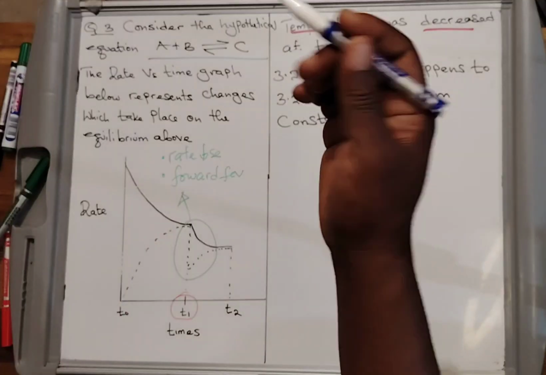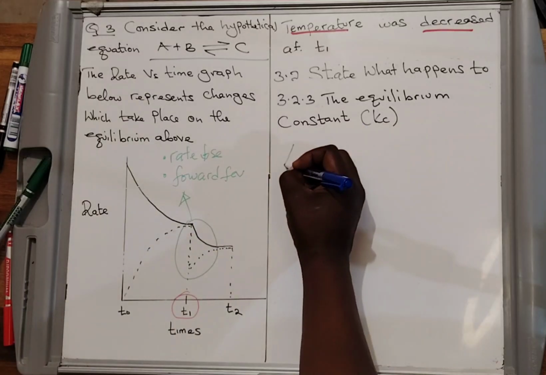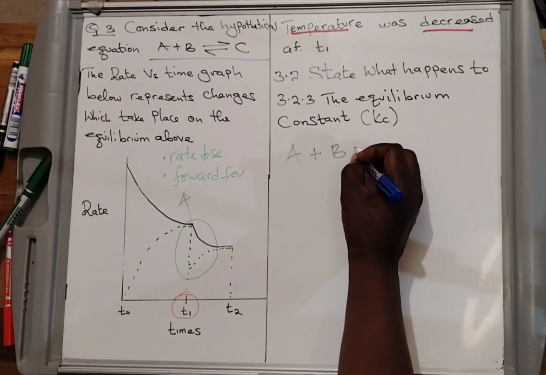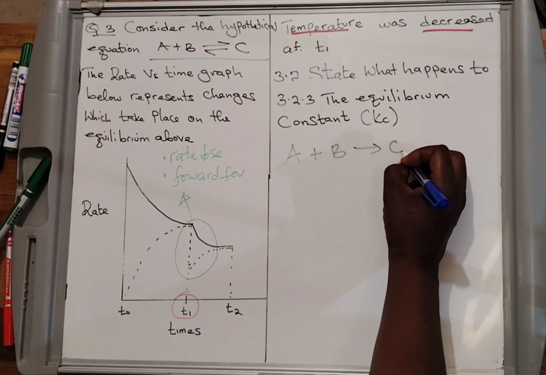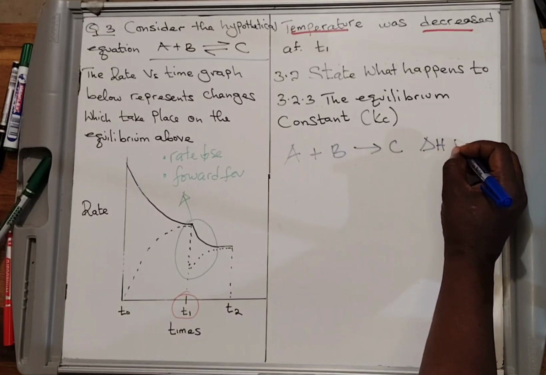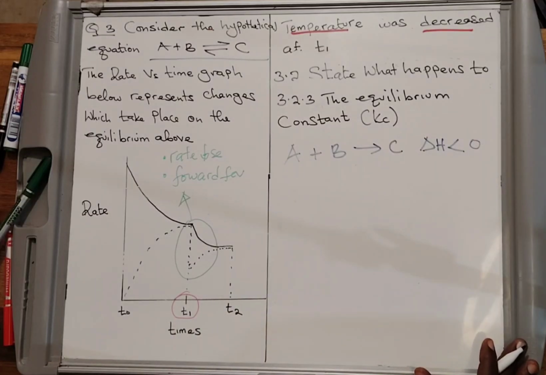When you look at this equation, A plus B gives you C, we found that enthalpy change is less than 0. The reaction is exothermic.